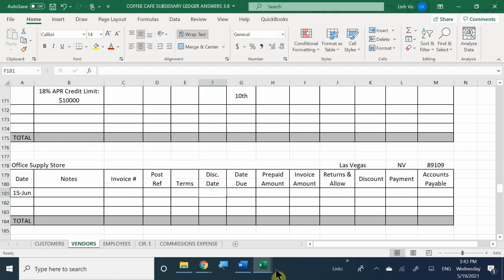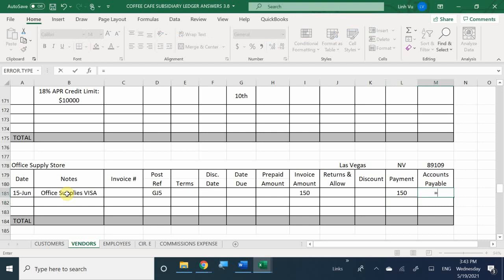Under notes, I put office supplies and paid with Visa. Post reference to be JG5. Invoice amount will be 150. Payment will be 150. It should show you a balance of 0.